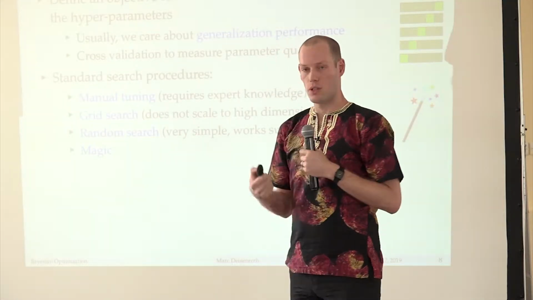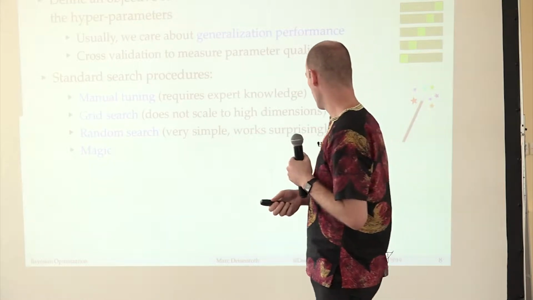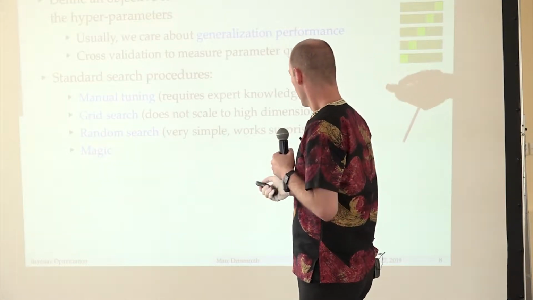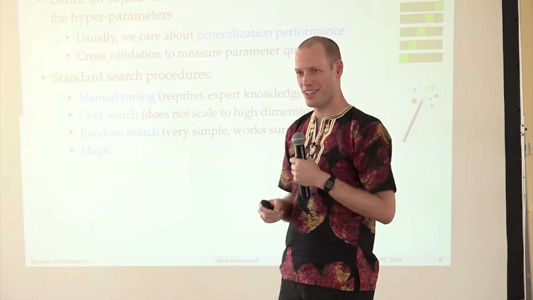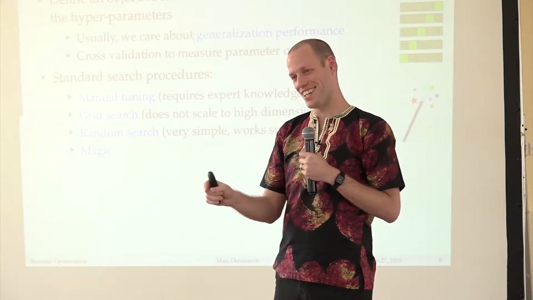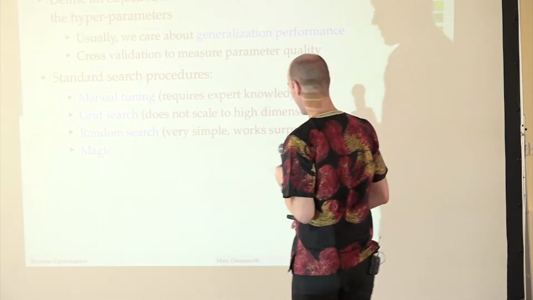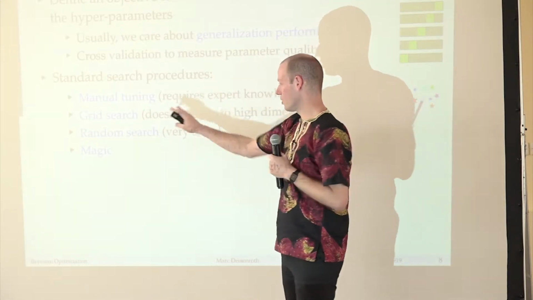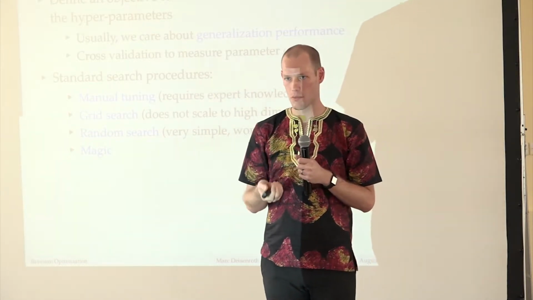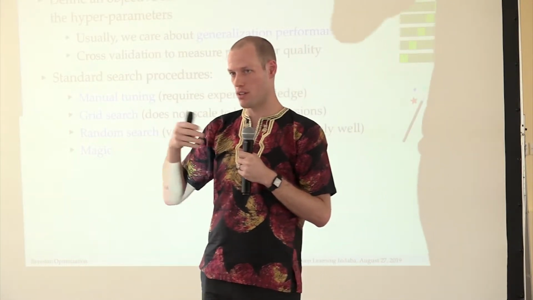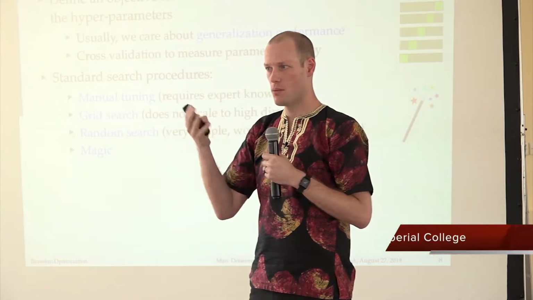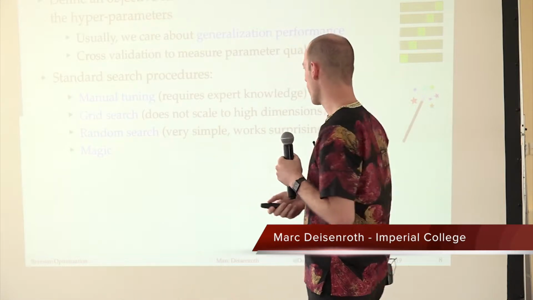So then how do we search? Well, manual tuning, I think everyone has done it. Like try a little bit bigger, you know, and maybe it works better. So let's say this requires expert knowledge. You could do grid search if you're in 1 or 2 dimensions. So you define a grid and try all these parameters on the grid.